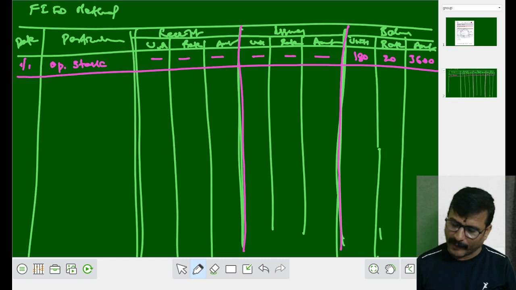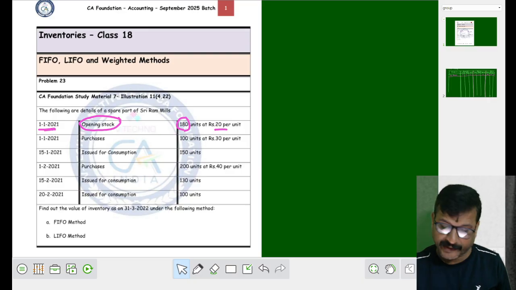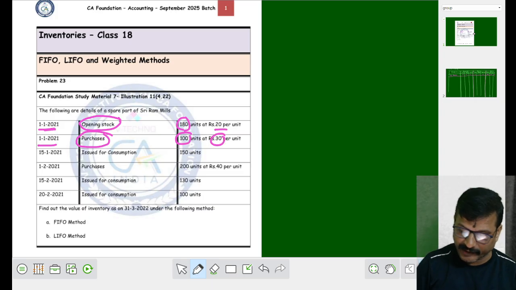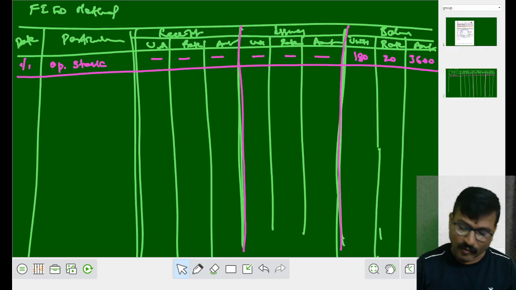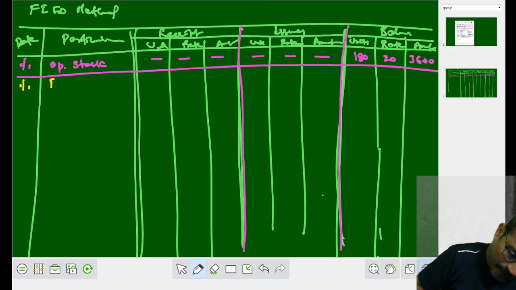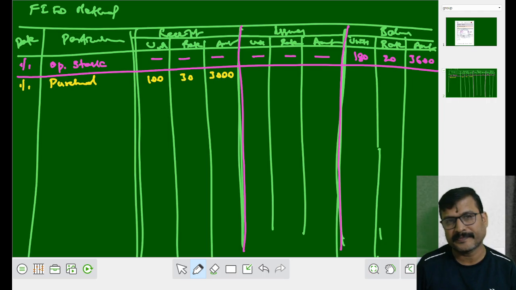Fine. What happened for the next transaction? On January 1st again there is a purchase of 100 units at 30 per unit. On January 1st again we have purchased 100 units at the rate of 30, it comes to 3000.